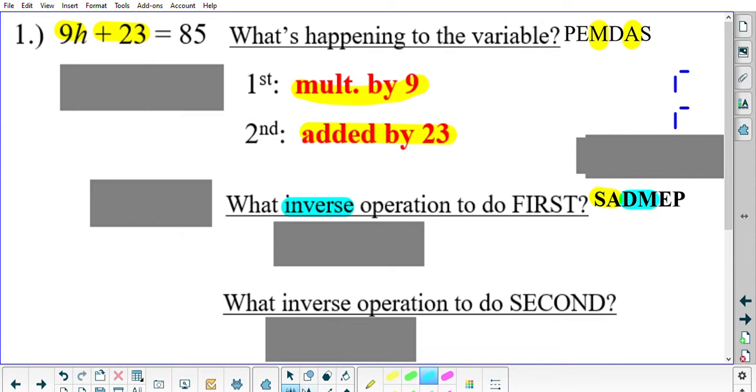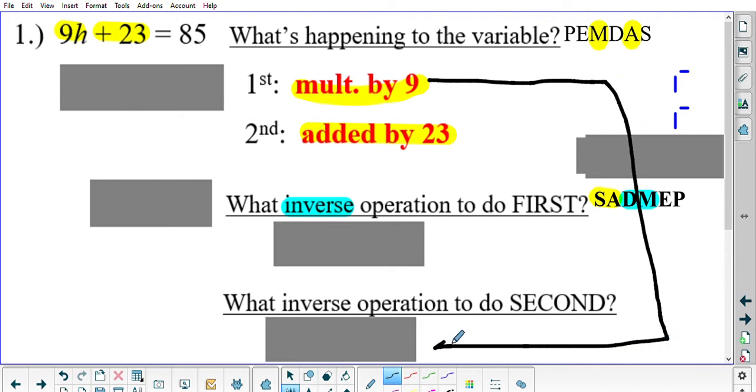Here's what I'm basically trying to tell you, and you can draw this on your paper as well. What was first will be inversed last. What was last will be inversed first. That's how this works, because inverse means opposite.